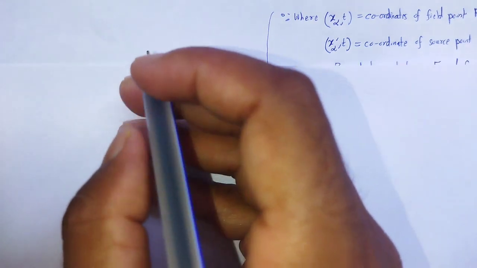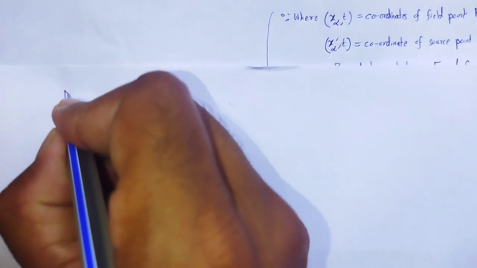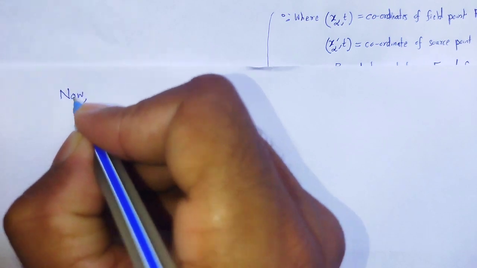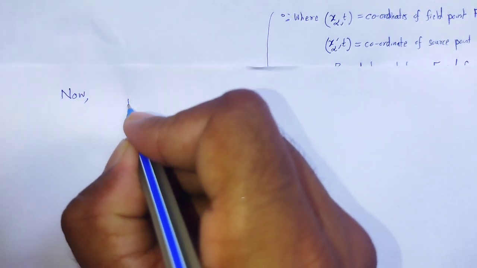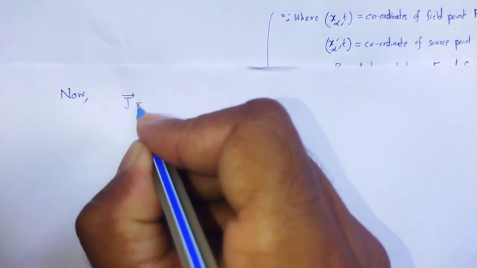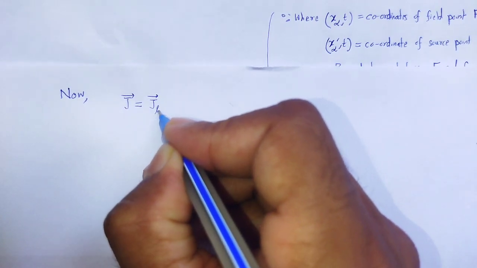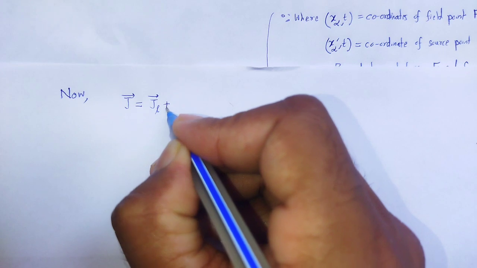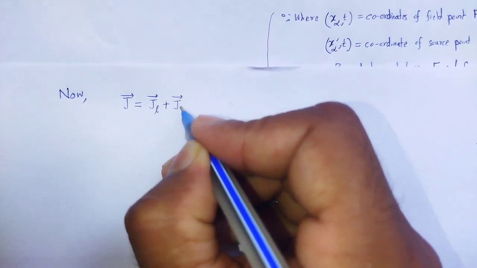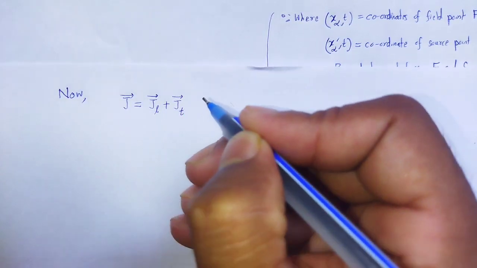Now, current density J vector is equal to its longitudinal component plus its transverse component.